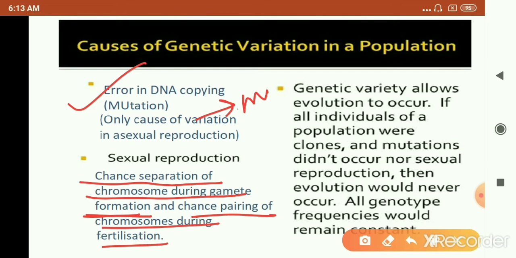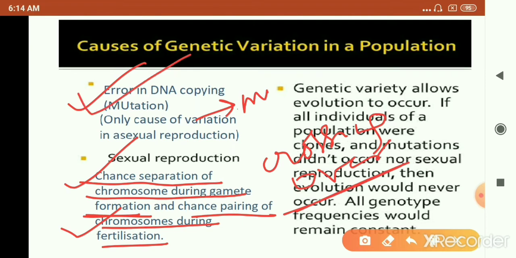And one more event that I told you, crossing over, during gamete formation or meiosis, and error in DNA copying. Because of all these things, every generation you find huge variation taking place.